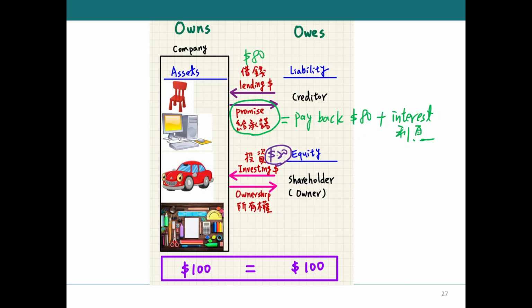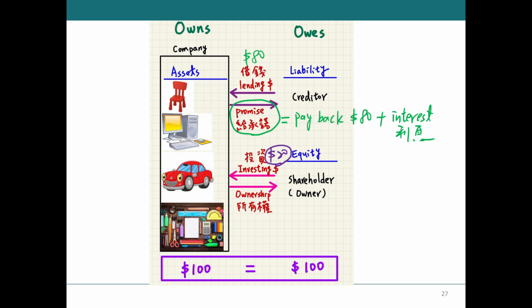Still, nothing for free. Investor shareholders invested $20 in your company. You should give them something back, right? So, what's that? Ownership, right? Because when investors invest in your company, they become your shareholders, owners. So they are the company's owners.